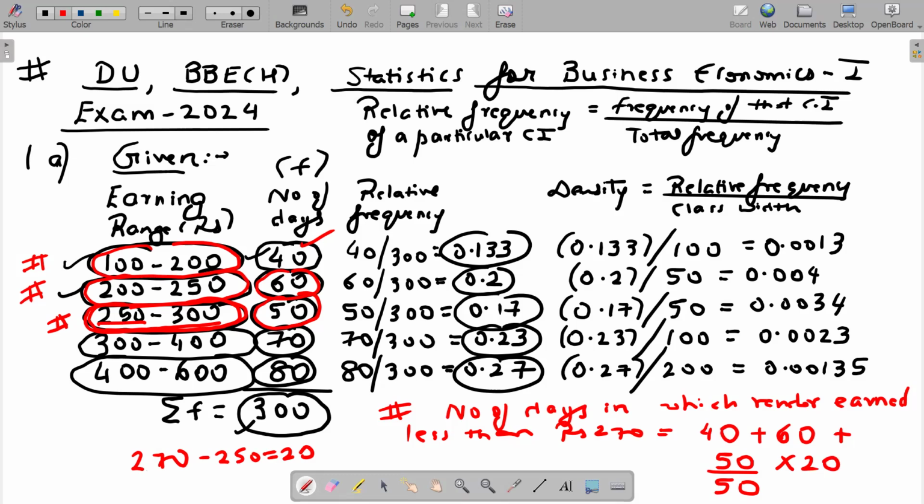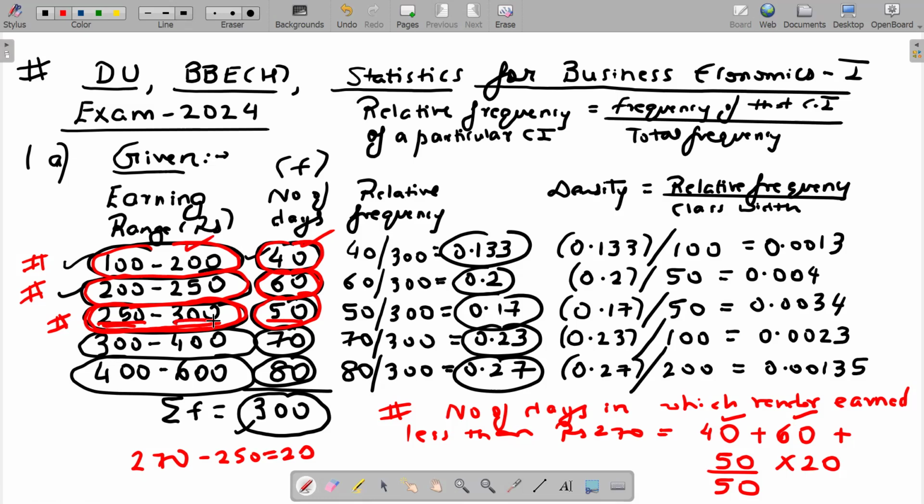I'm repeating it again for all students. We need to calculate the number of days in which the vendor earned less than 270 rupees. So 40 days the vendor earned between 100 and 200, that's less than 270, so 40. 60 days the vendor earned between 200 and 250, which is again less than 270, so plus 60. And now there are 50 days where the vendor earned between 250 and 300.